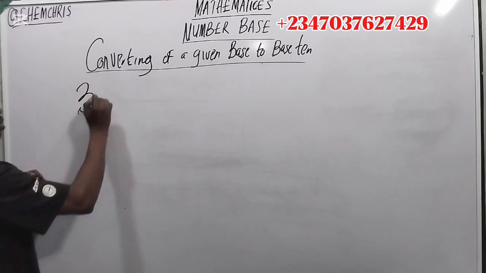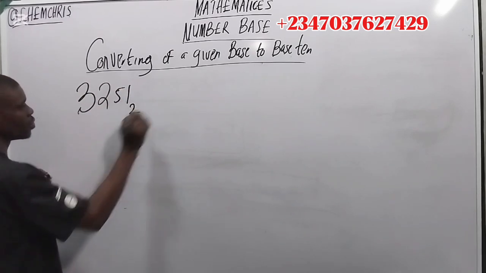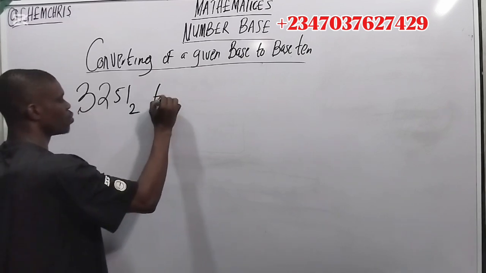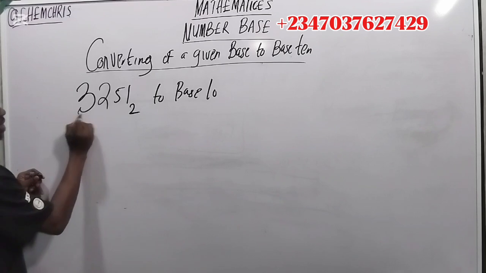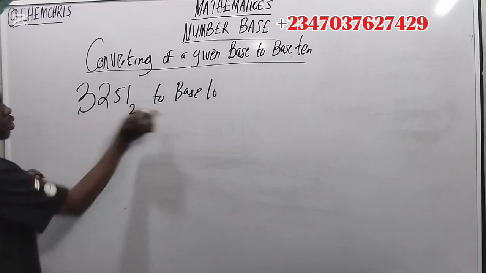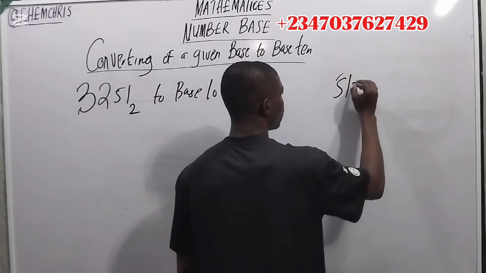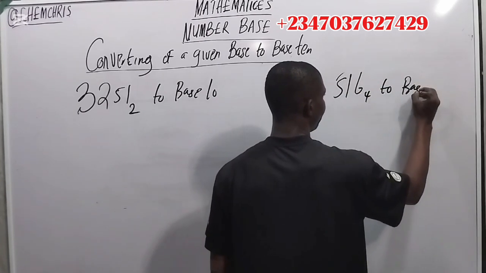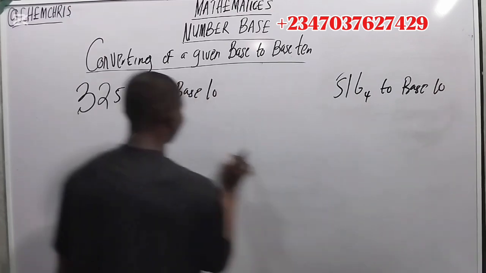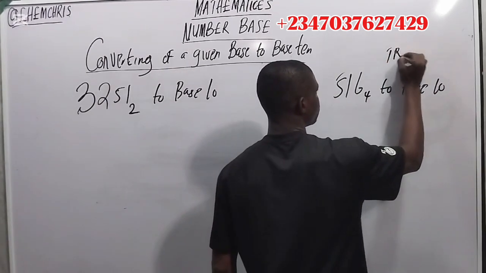So for example, we have 3, 2, 5, 1 in base 2, converting from base 2 to base 10. I will do this one, then you do this one for me: 5, 1, 6 in base 4 to base 10. This is the one you're going to try.